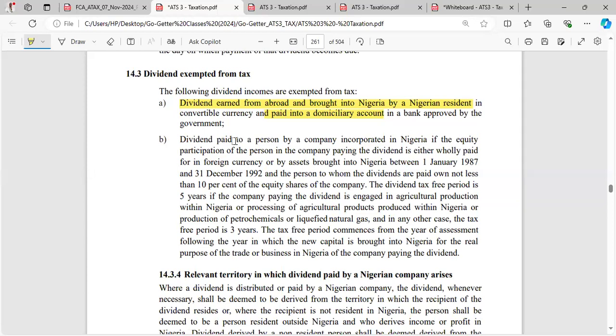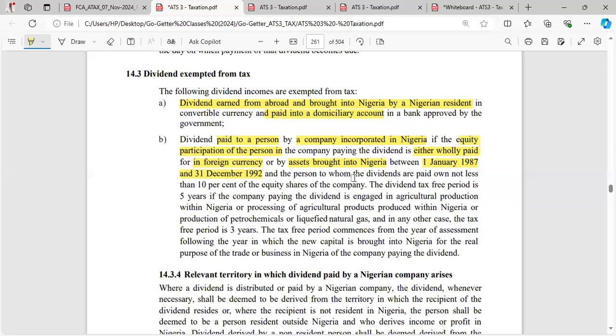Now, dividend paid to a person by a company incorporated in Nigeria, if the equity participation of the person in the company paying the dividend is either wholly paid for in a foreign currency or by assets brought into Nigeria between January 1, 1987 and 31st December 1992.